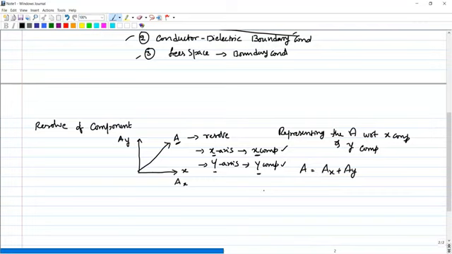These things we will see in the phasor diagram. So resolving a single vector into two components, that is Ax bar as well as Ay bar. Likewise, you can resolve any vector with respect to the x-axis as well as the y-axis.